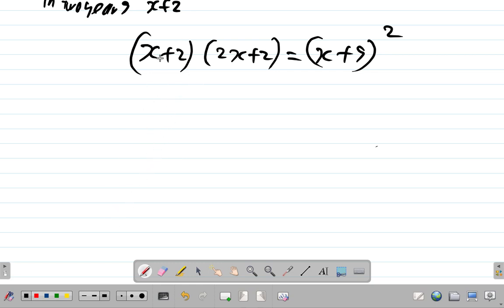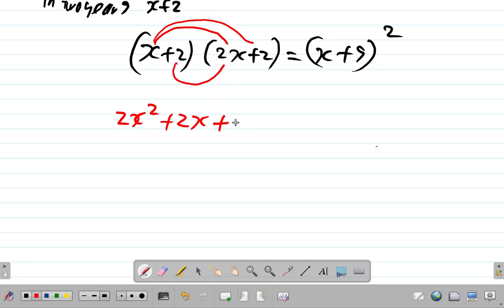When you multiply one item in one bracket times the other bracket, we multiply it also. x times 2x gives 2x squared, plus x times 2 gives 2x, plus 2 times 2x gives 4x, plus 2 times 2 gives 4. Equal.